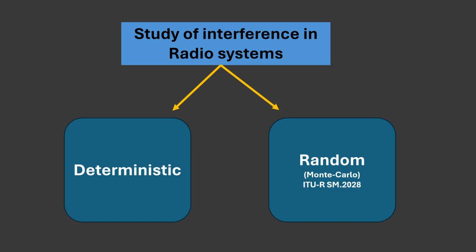This Monte-Carlo method is defined in ITU-R SM.2028 and is a computational approach that uses repeated random sampling to estimate uncertain outcomes or solve complex problems that are difficult to solve deterministically. By simulating a system or process many times with random inputs, it generates a probability distribution of potential results.